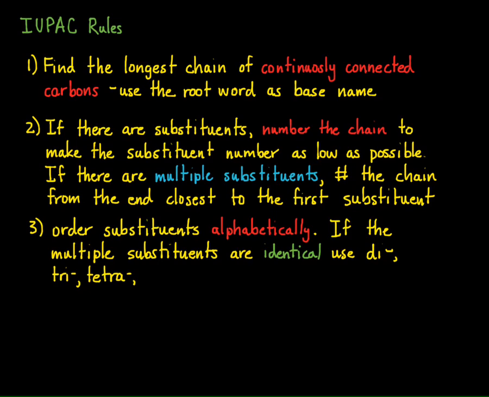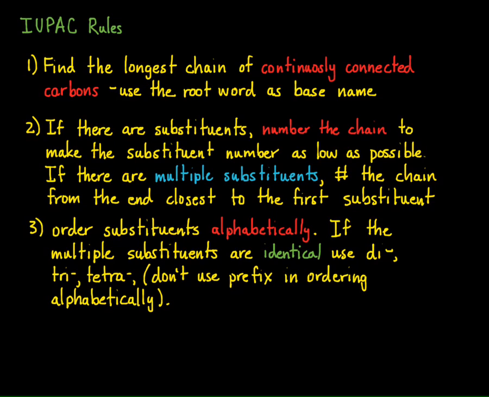So for example, if I have two methyl groups, then I'm going to list them as dimethyl. Now, when ordering alphabetically, you don't use the prefix di in the ordering scheme. So if it was dimethyl, I would be basing it on methyl.